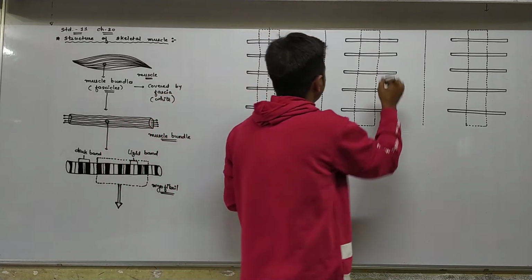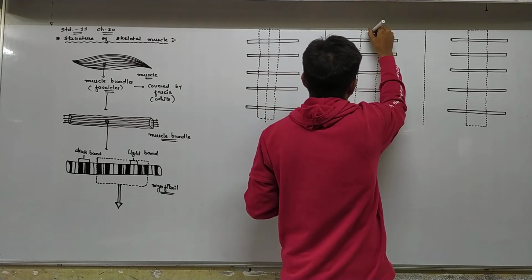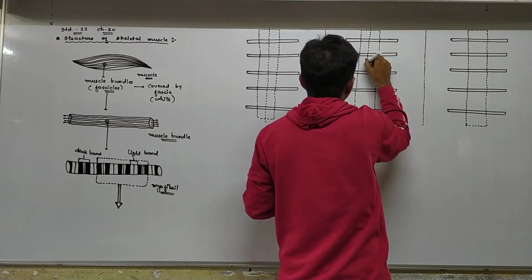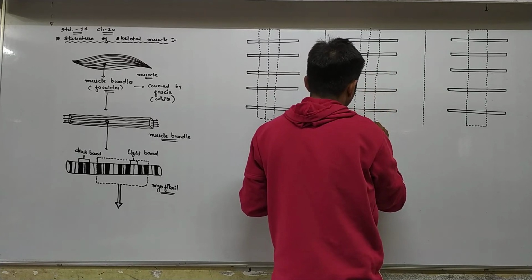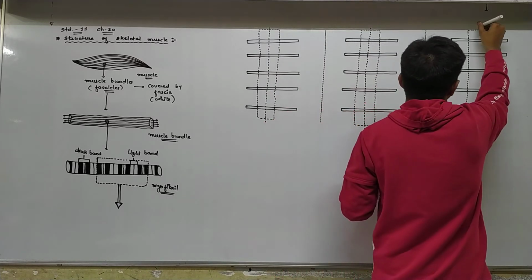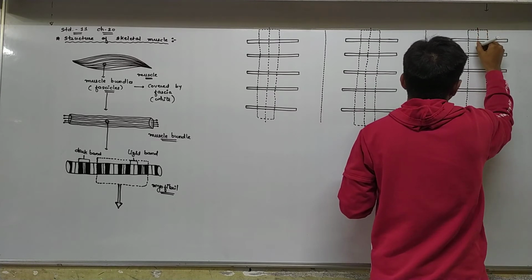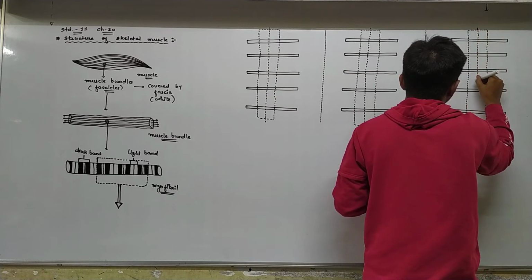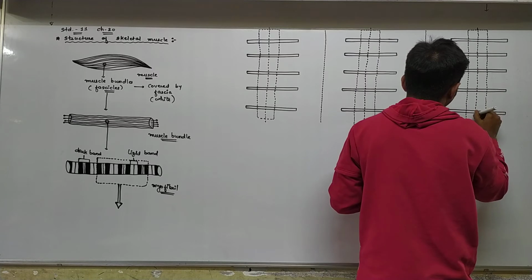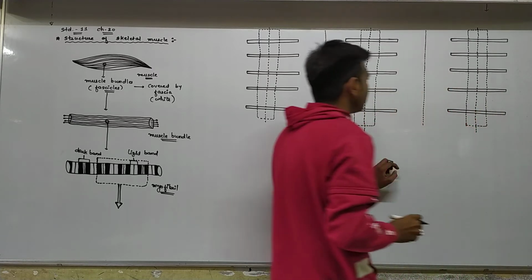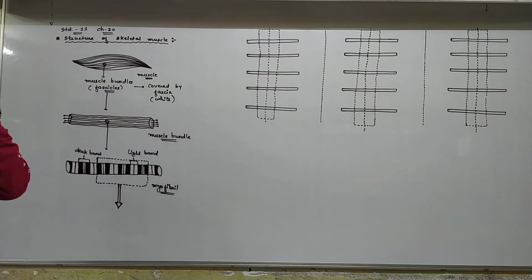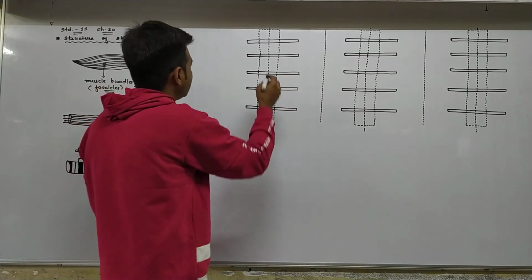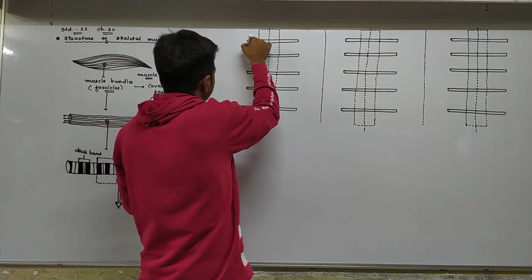In this also a middle line is there. Okay, and here one fiber is there. It is present in this way.